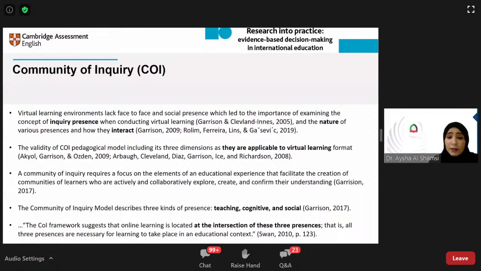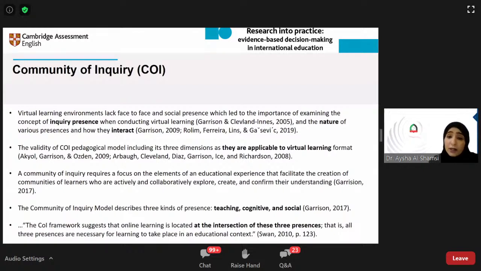Based on literature, virtual learning communities lack face-to-face and social presence, of course. This led to the importance of examining the concept of inquiry presence when conducting virtual learning, the nature of various presences, and how they interact with each other and affect the students' learning. This study is guided by the Community of Inquiry framework. Several studies confirmed its validity, including the 3 dimensions of cognitive, social, and teaching presence.